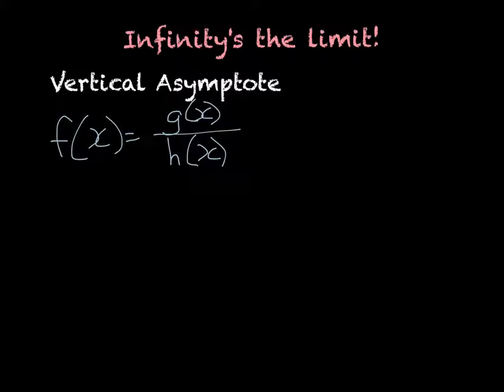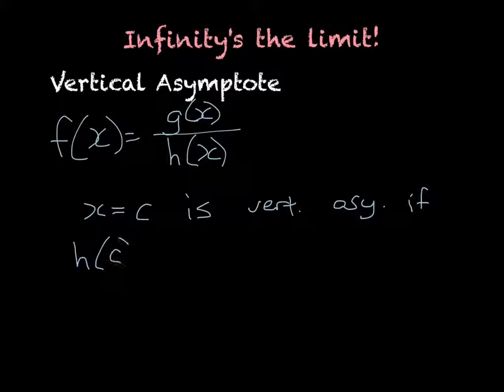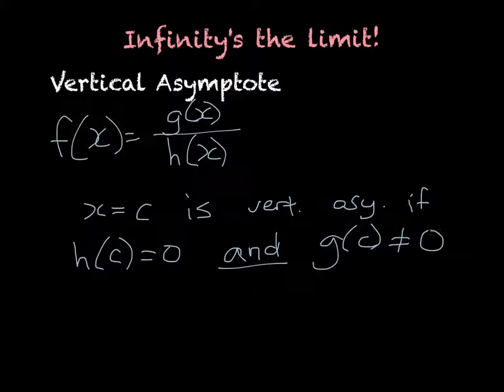Then the line x equals c is a vertical asymptote if h of c equals 0 and g of c does not equal 0. If it happens that h of c and g of c are both 0, then instead of a vertical asymptote, we usually have a hole. So when trying to find vertical asymptotes, we have to be very careful to check both the numerator and the denominator.